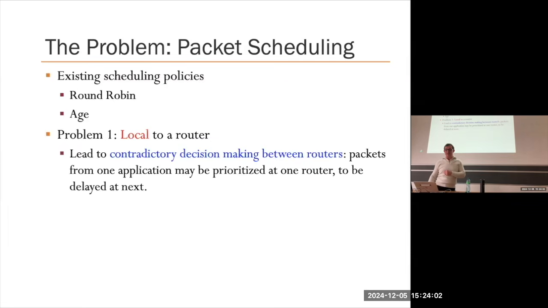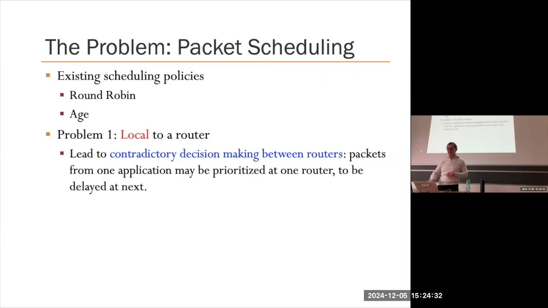So you could do round robin based, you could do age based. The problem with a lot of these policies is they're local to a router. Now, what does this mean? This is kind of what you've seen earlier, right, when we talked about memory scheduling. Memory scheduler does some decision, and it doesn't consider what the core does. Here, it's also similar. One router makes one decision, and one router may decide to prioritize a packet, and another router may decide to deprioritize it.